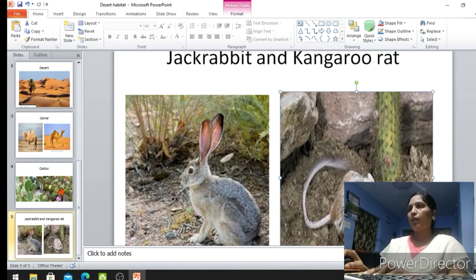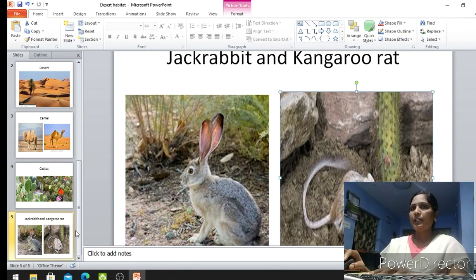When it passes urine in solid form, the wastage of water gets reduced. So unlike other animals, it will not waste water by passing urine. So these are the adaptations shown by some animals which live in the desert areas.